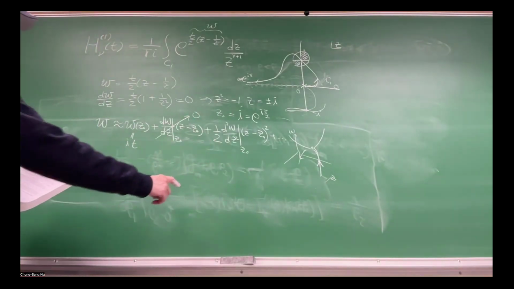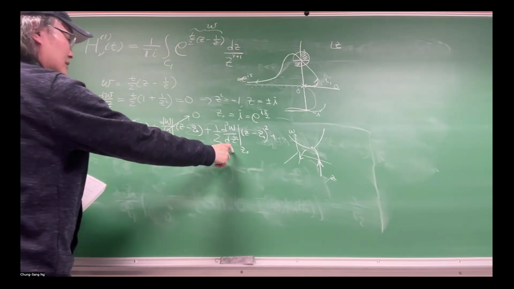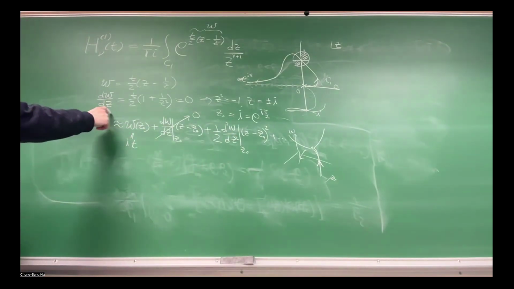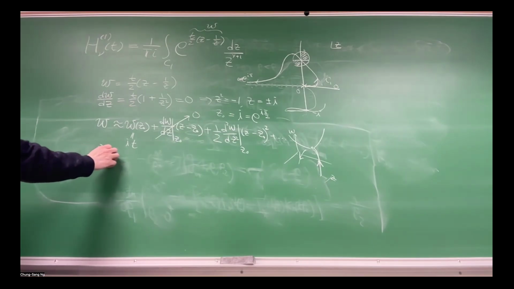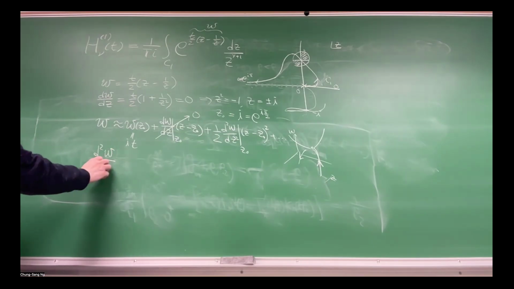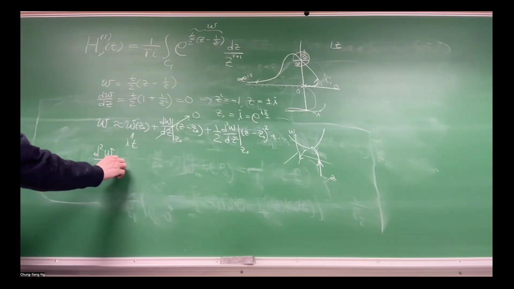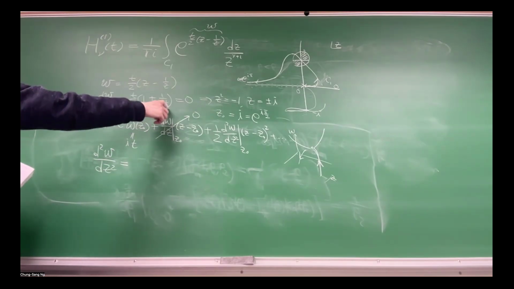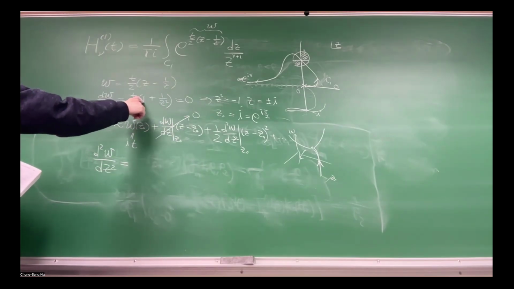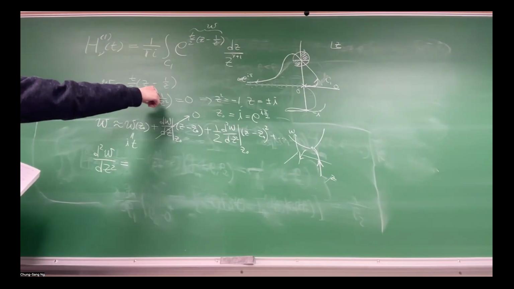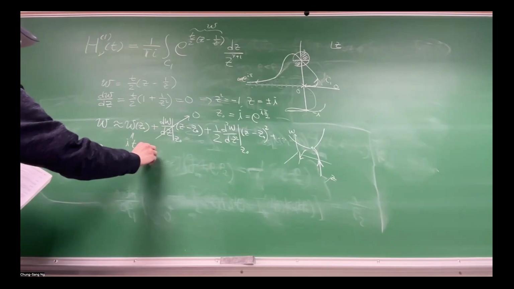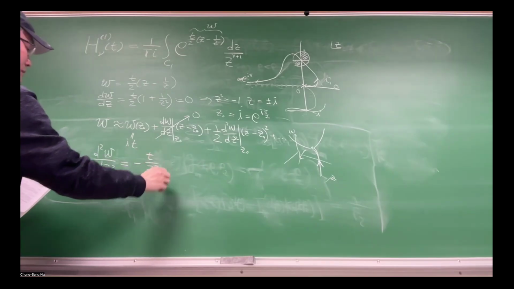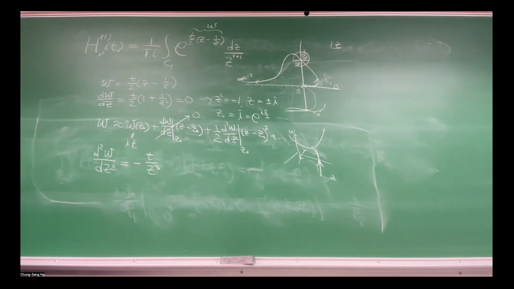Let's do one more step: the double derivative, d squared W/dz squared. Because we already have this here, we can just evaluate that. d squared W/dz squared, you have this is 0, this is minus 2 over z cubed, so minus 1 over z cubed.